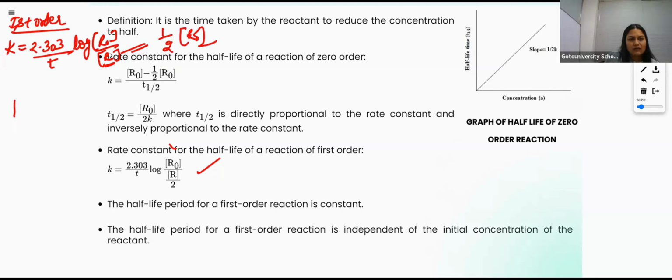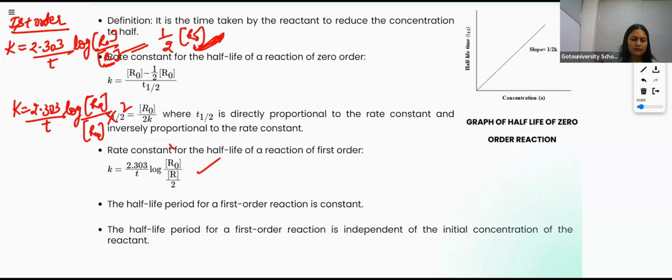So K will become 2.303 by t log of the molar concentration R naught by R naught divided by 2, according to this, for half life.